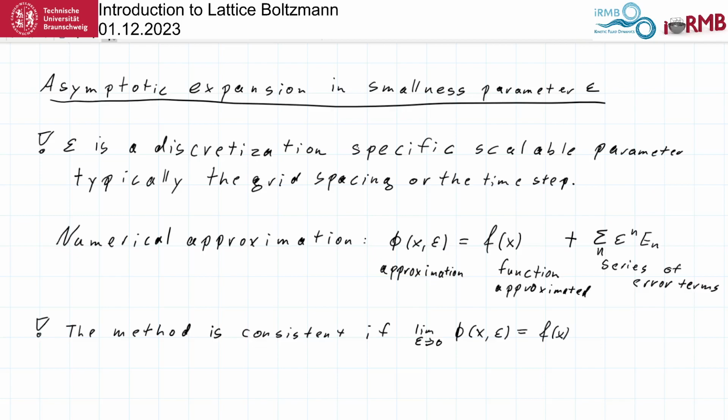This means that in the limit of epsilon going to 0, the error is 0. Then it's an approximation, right? So in the limit of infinitely small grid spacing, in the limit of infinitely short time step, you actually get the solution.